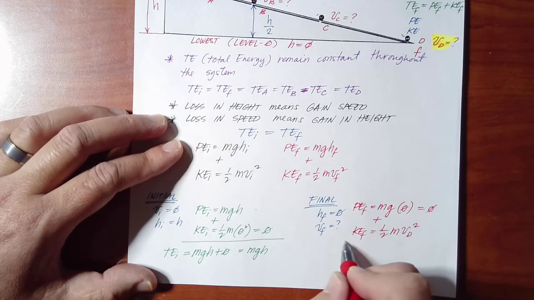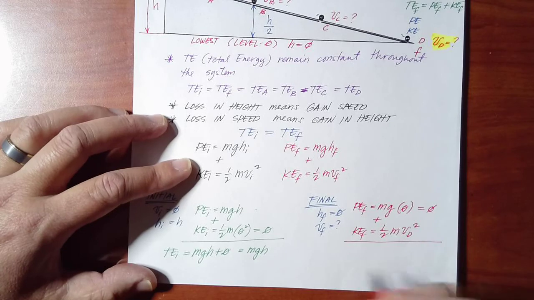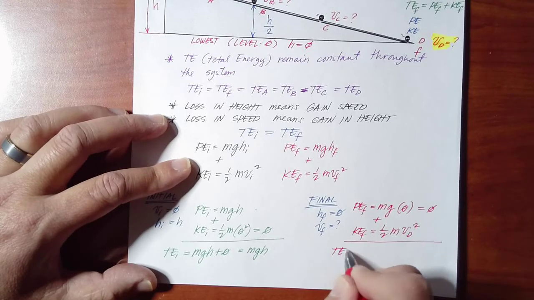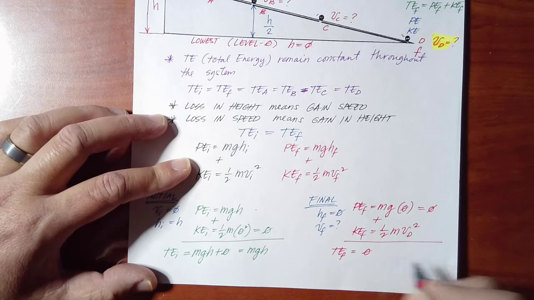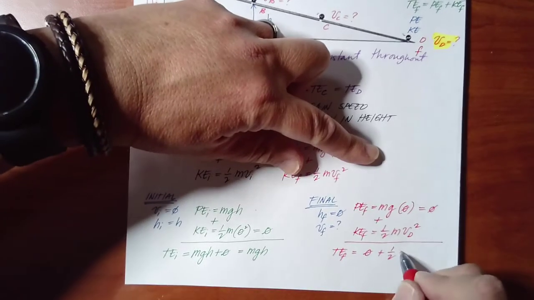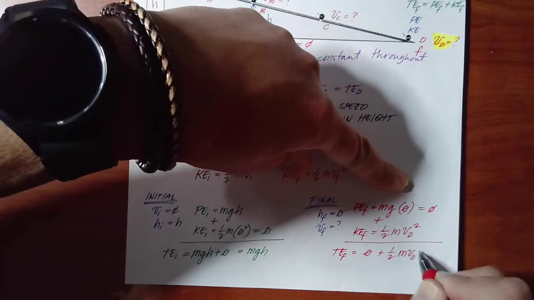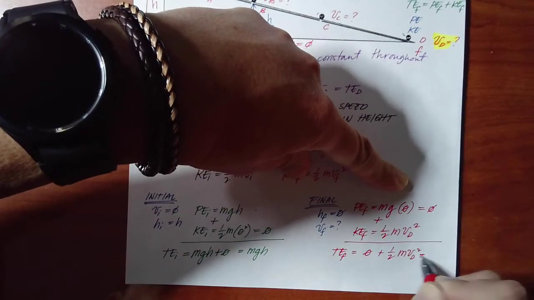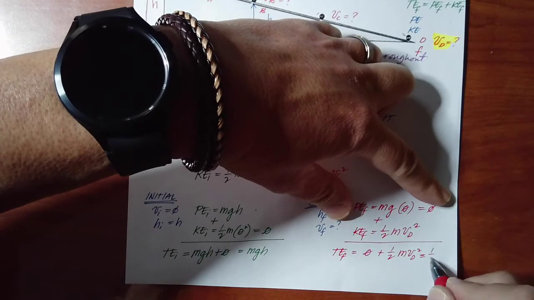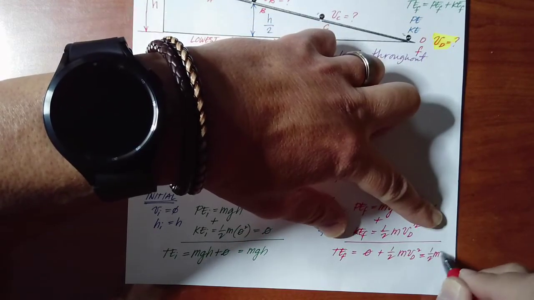If you add these two, then the total energy at final position is equivalent to 0 plus 1/2 mvd squared, equals just 1/2 mvd squared.